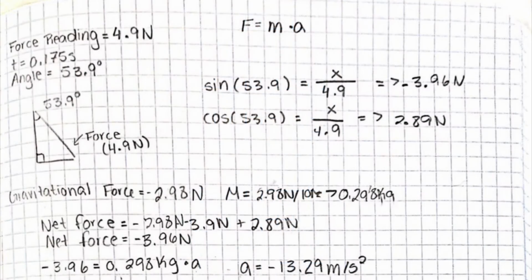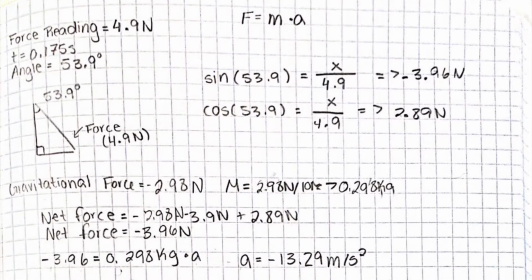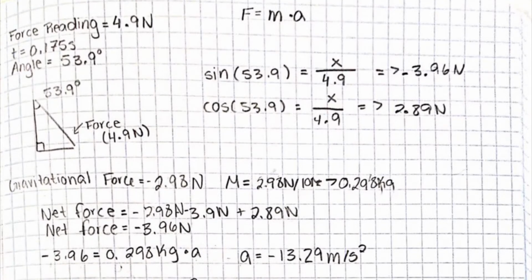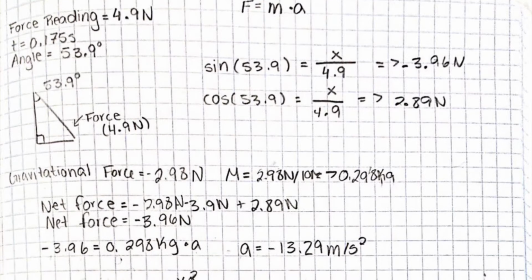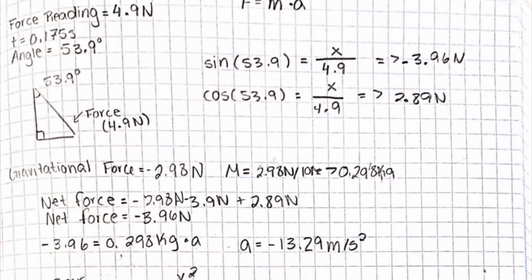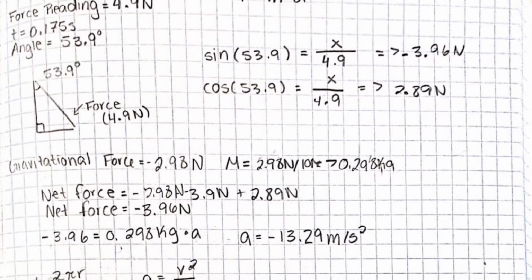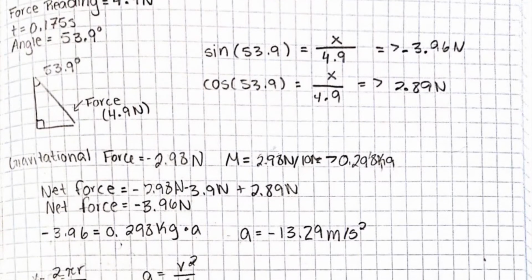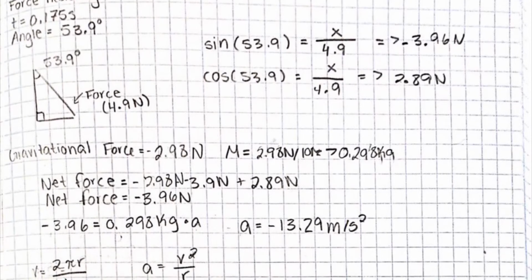So we decided to go with trial 1 with a force reading of 4.9 newtons. And we chose the point where the time is equal to 0.175 seconds and the angle is 53.9 degrees. As you can see in the triangle picture below, there's the angle 53.9 degrees and the hypotenuse represents the force of 4.9 newtons.